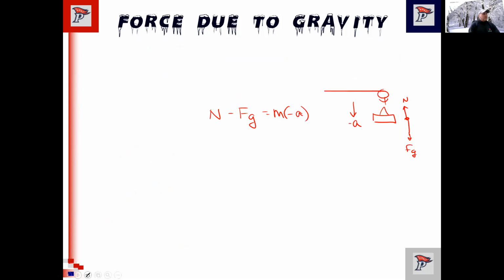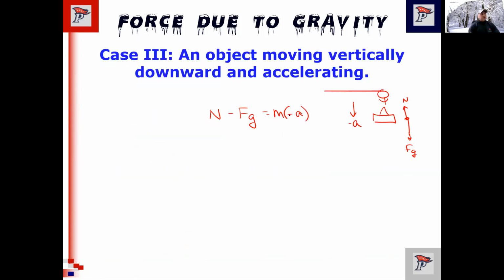But if it's a word problem, based on the situation, you would have to know to make that a negative value. When you solve for the scale force, it's going to equal the force of gravity minus ma. So it's going to read this much less than your force of gravity when you have a negative acceleration. That's how much less it's going to read.